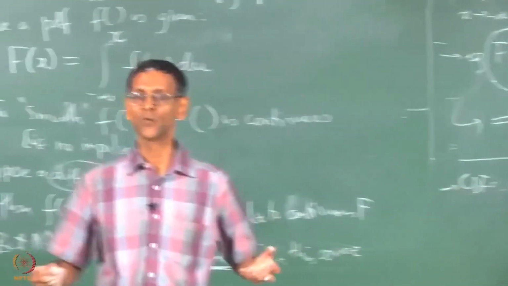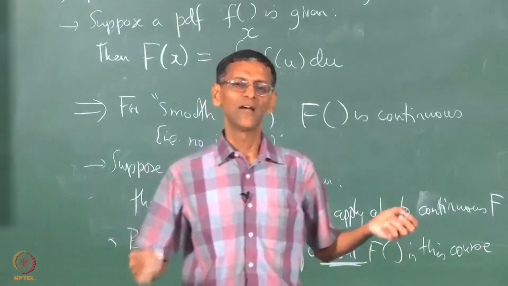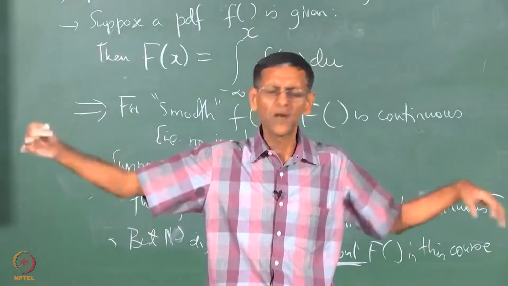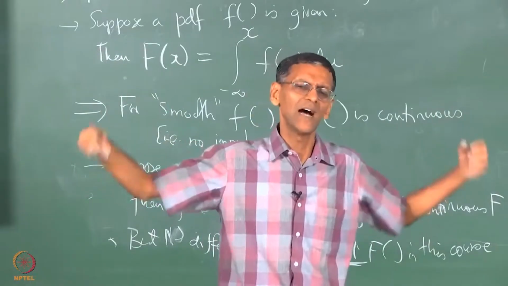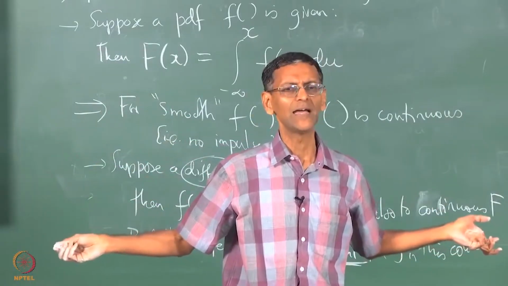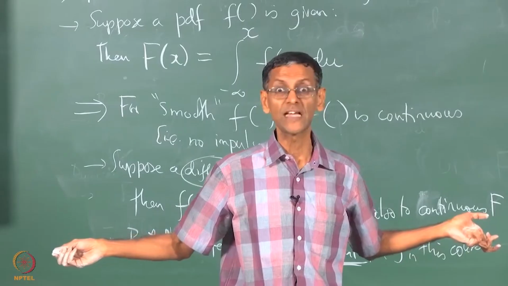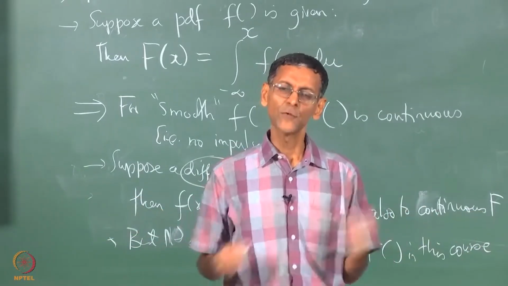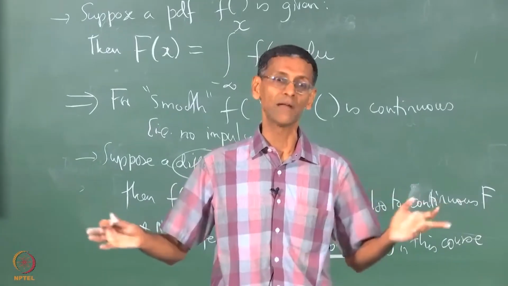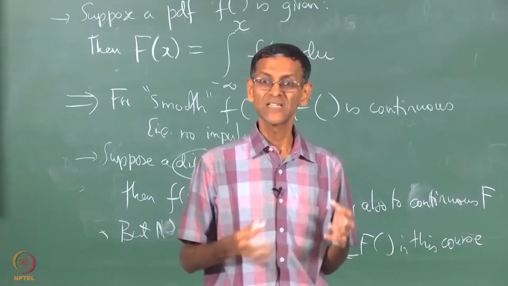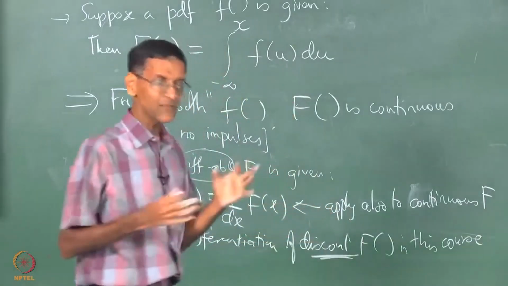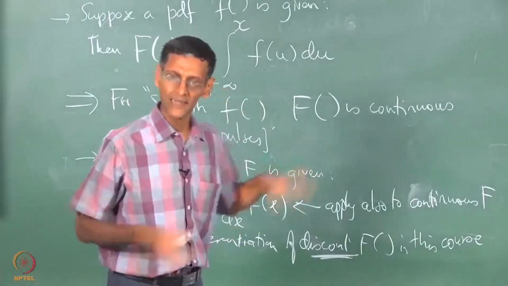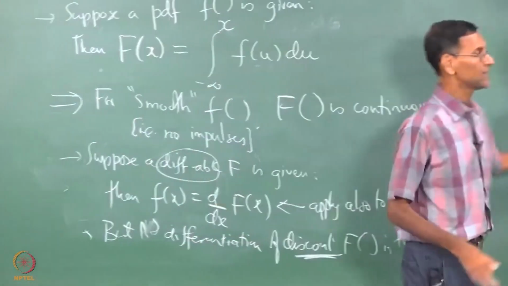You would say F of x is 0 for minus infinity to 0, and then F of x is theta x by 2 pi for x up to 2 pi, and then 1. Typically you get a different bunch of cases, case 1, case 2, case 3, case 4, like that, whereas a PDF has fewer cases and you can say 0 elsewhere. So PDFs are more compactly written and easier to write down and work with compared to CDFs.